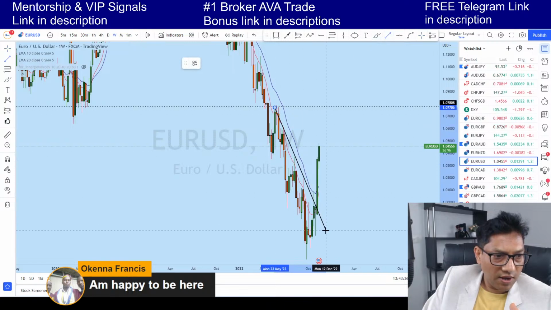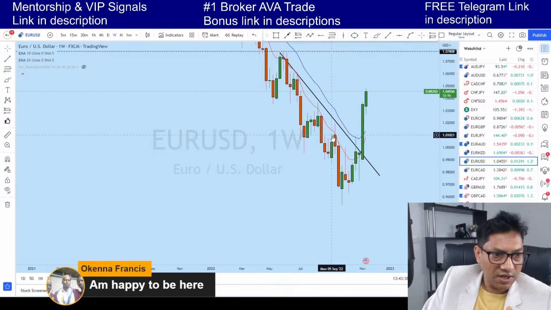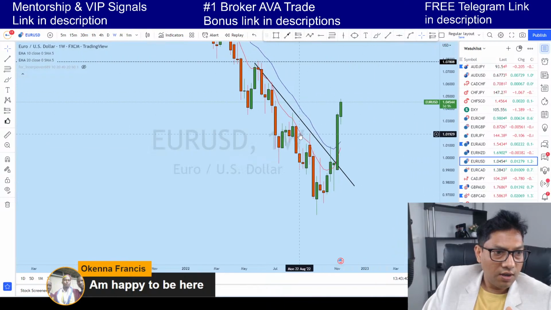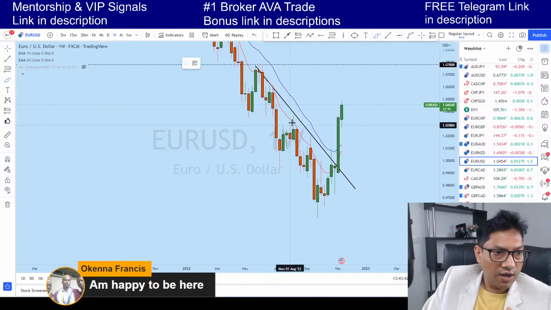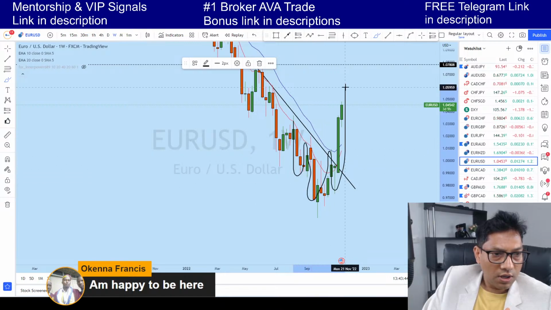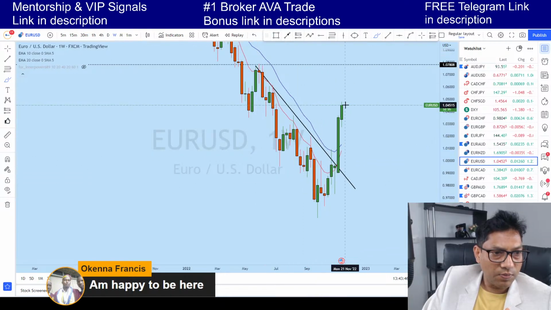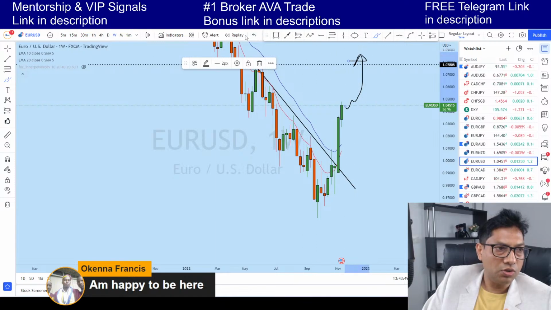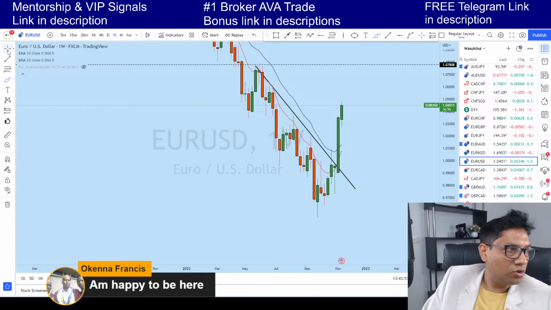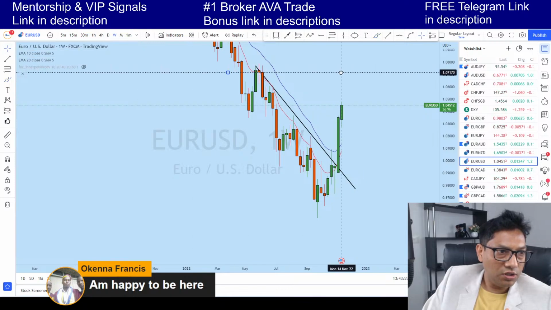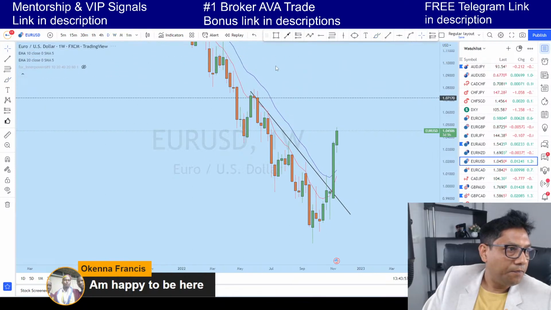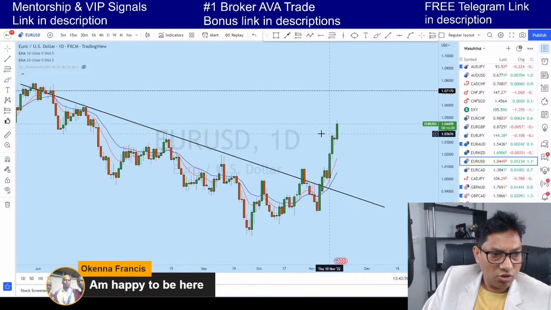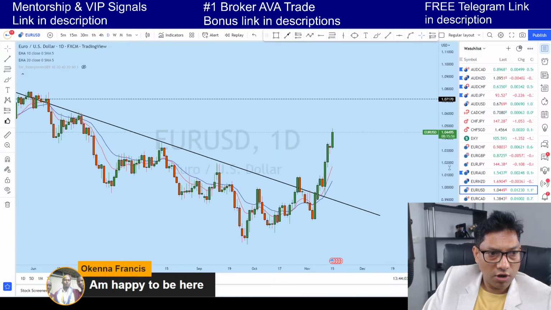This is the weekly time frame. When you see the price create a reversal like that, an inverted head and shoulders that has broken out, you can expect the price to go up. This is what euro dollar is doing, and I think it should go to this level where there is a doji on the weekly and monthly. Looking at the daily, after this doji, we have seen a strong breakout to the upside on euro dollar.